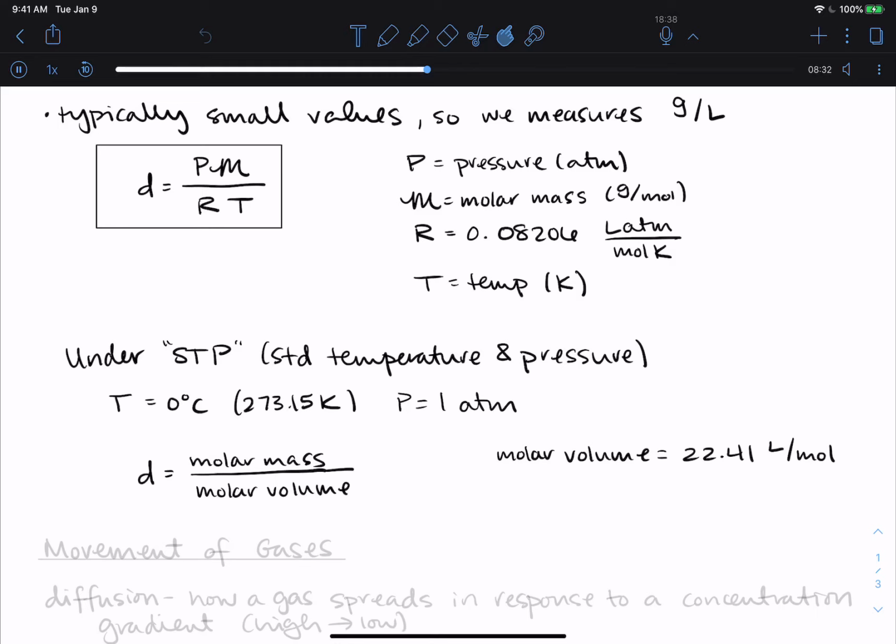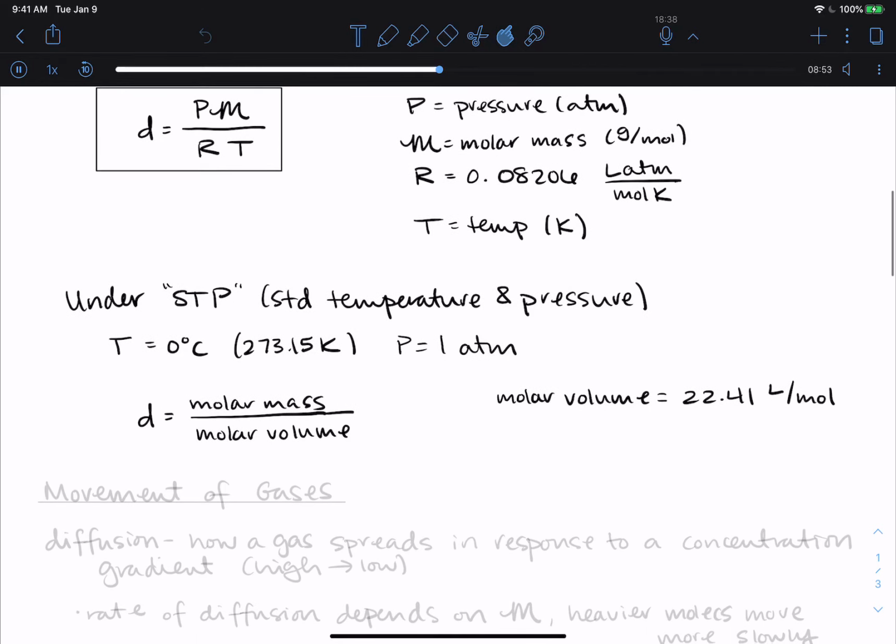So we're going to get into the ideal gas law in the very next video. So if you have a gas that's behaving ideally, it's at 0 degrees Celsius and 1 atmosphere. Every mole of gas you have will take up exactly 22.41 liters of volume. So we can use that value under standard conditions to calculate the density.